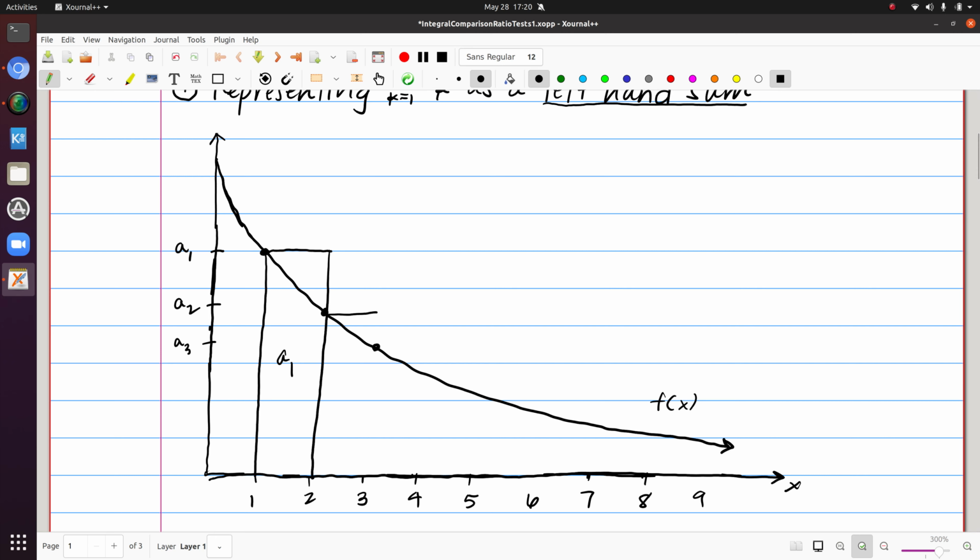Likewise, if I continue to draw in that way, this next one has area a2, this has area a3, and this process is going to continue. And of course, we're cutting off this picture, but this would continue onward to infinity.